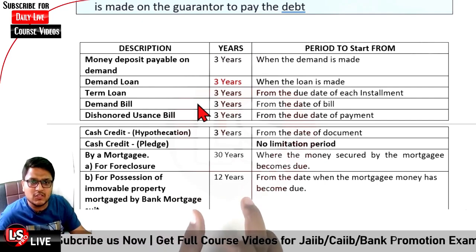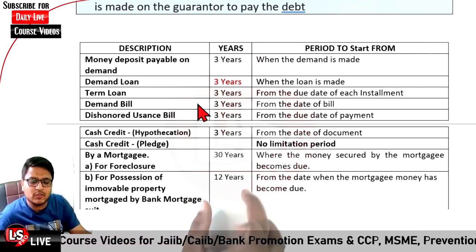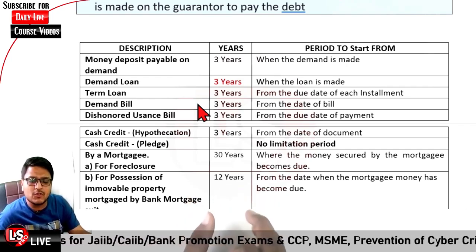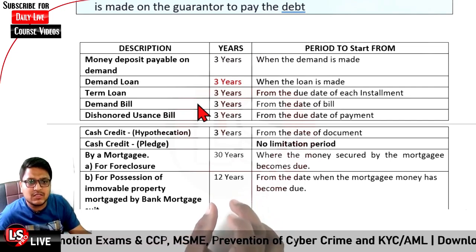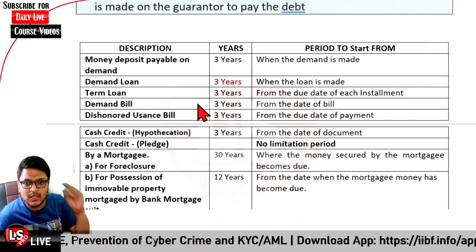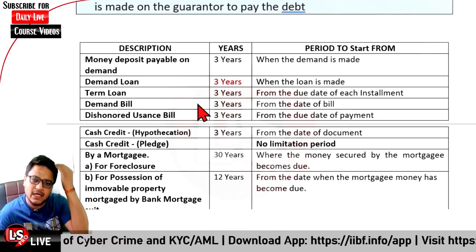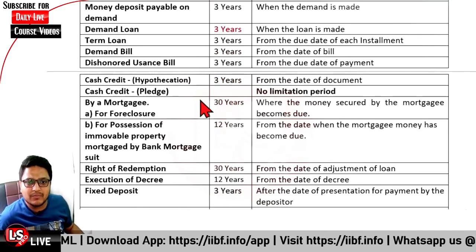So do not misunderstand it. In case of mortgage, the limitation is 12 years for possession, but for the right of redemption and right of foreclosure, it is 30 years. This 12-year period will start from the date the mortgage money has become due.